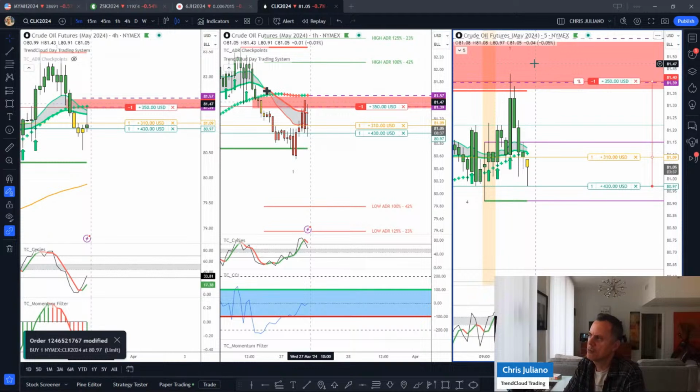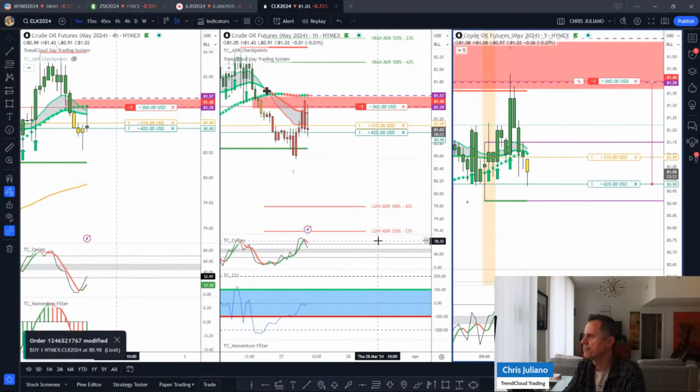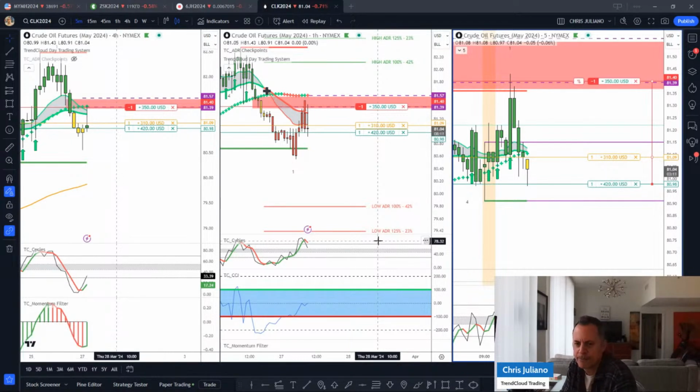What did I tell you? When you've got all of this in play, let's see if we can survive it. Only have one contract. 2-to-1, 70% of the time, it's going to hit 2-to-1.